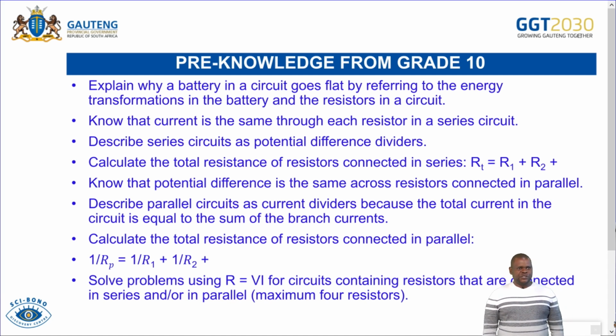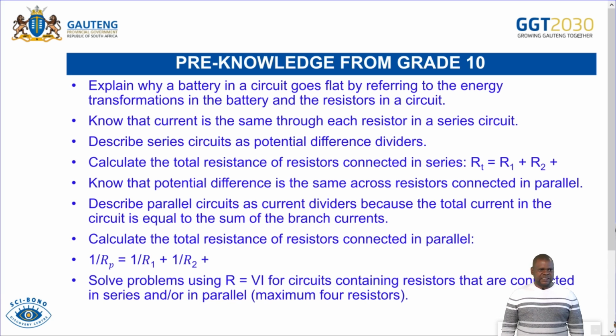Know that the potential difference is the same across resistors connected in parallel. We talked about in series, we call it a potential difference divider, and parallel, we call it a current divider.